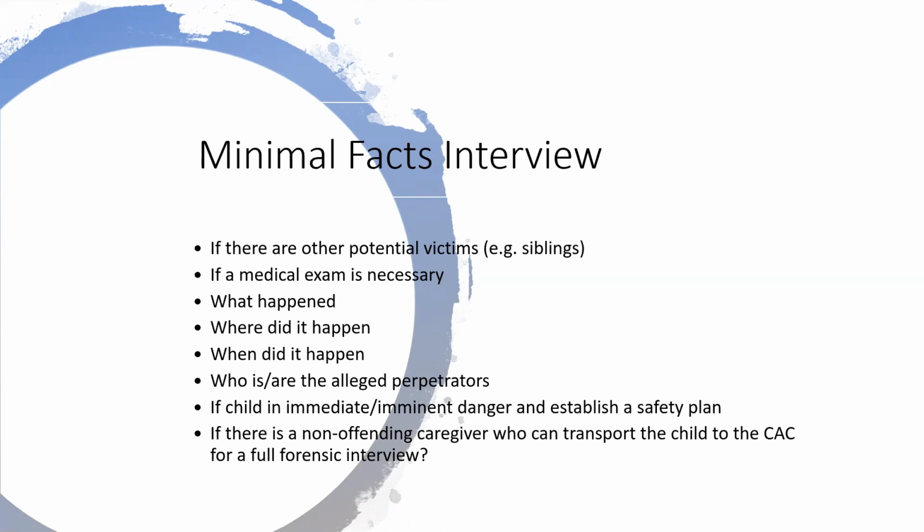We want to ask all these questions to best determine if the child is in any immediate or imminent danger, and then move forward to establishing a safety plan. We also want to ask if there is a non-offending caregiver who can transport the child to the CAC for a full forensic interview.